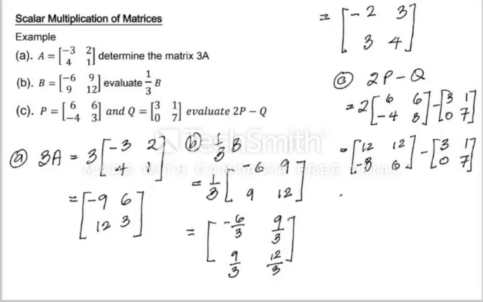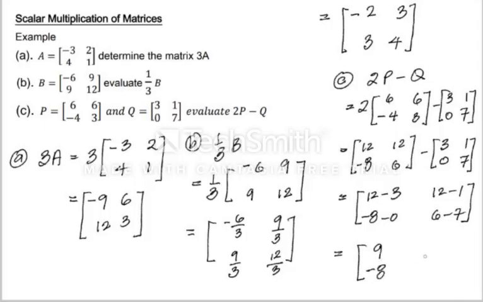So now we're subtracting matrices, so we must subtract corresponding elements. So this will be 12 minus 3, that's the top left element. 12 minus 1, top right. Minus 8 minus 0, bottom left. 6 minus 7, bottom right. This would be equal to 9, 11, minus 8, minus 1.